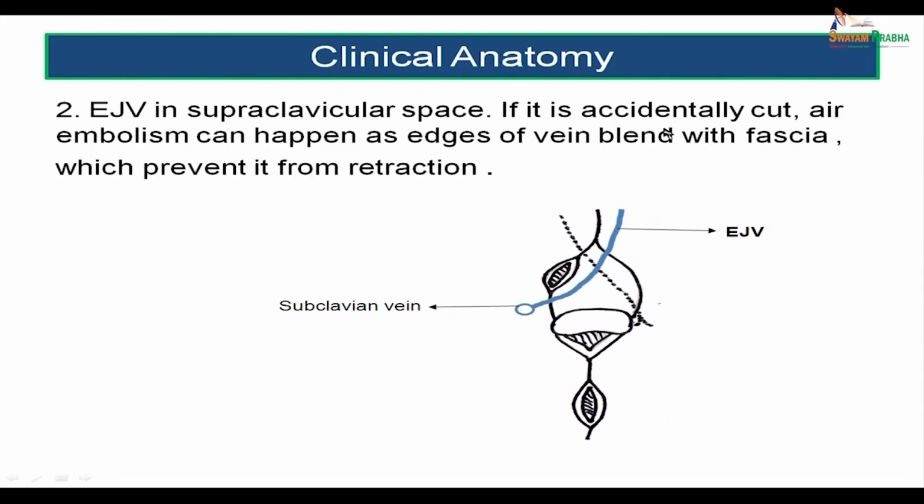Now, if it is accidentally cut, then there is a problem called air embolism, that is, air can enter into the vein. And why can this happen? Because the edges of the vein have blended with the fascia, and this prevents it from retracting. Hence, we can have air embolism.